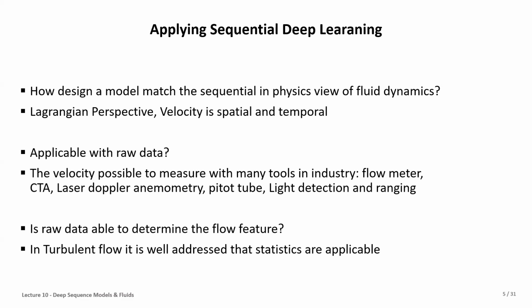For example, for the velocity, we have a flow meter, constant temperature anemometer or hot wire, laser Doppler anemometry, pitot tube, light detection and ranging. From these tools, we can have a time series data set of the velocity, and we can apply LSTM or GRU methods to have a prediction model.